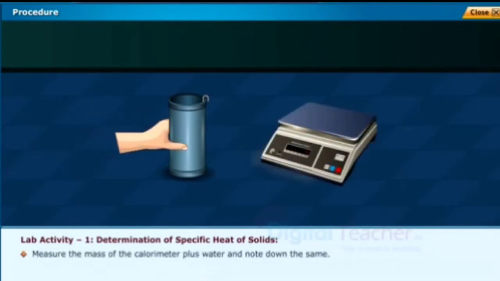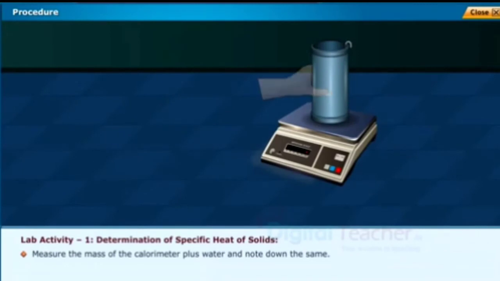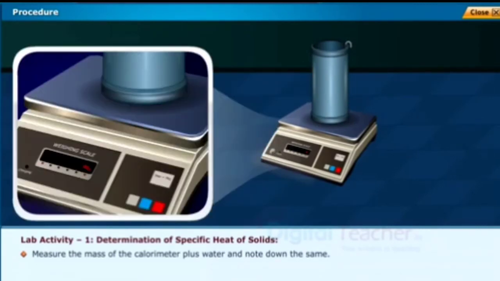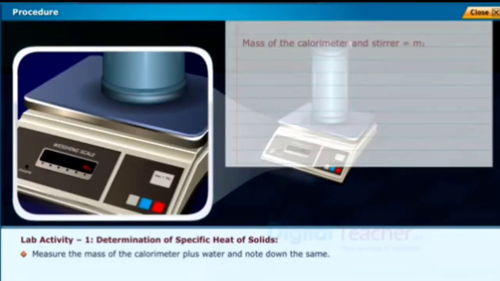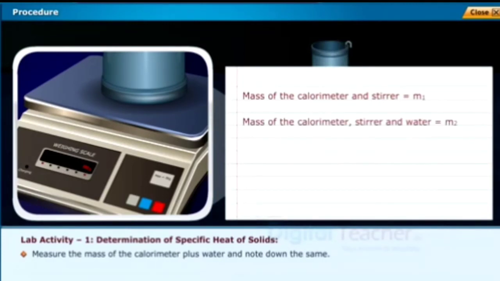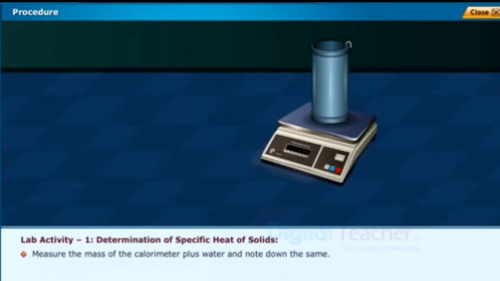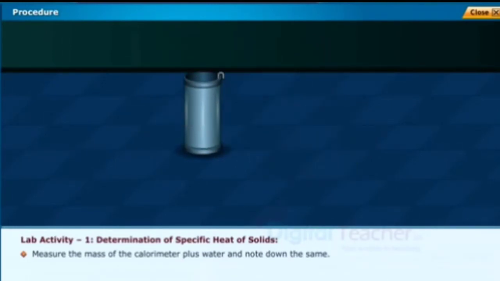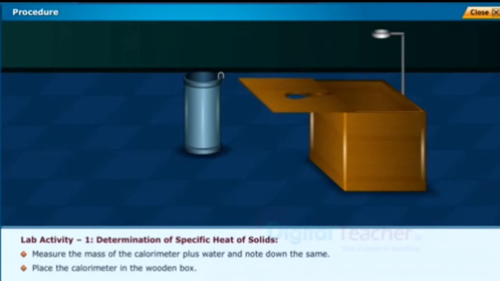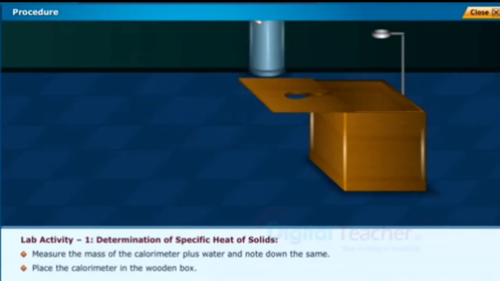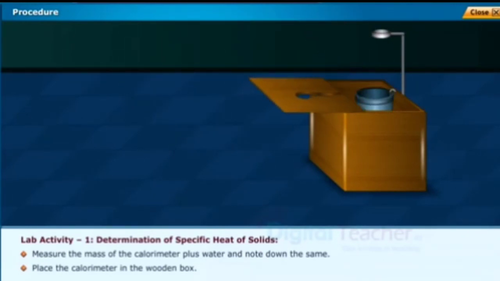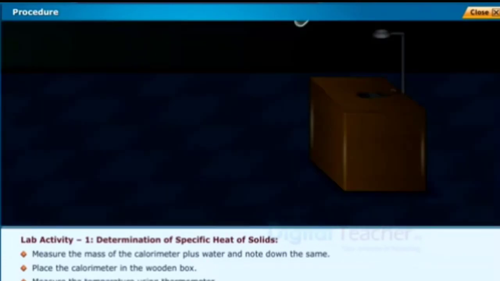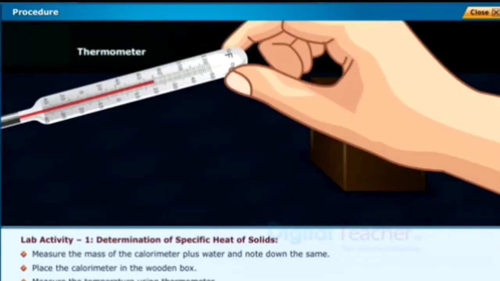Measure the mass of the calorimeter along with water and note down the same. Place the calorimeter in the wooden box. Measure the temperature using a thermometer.